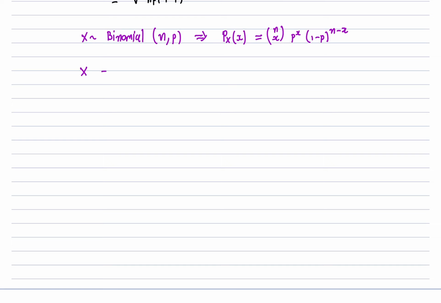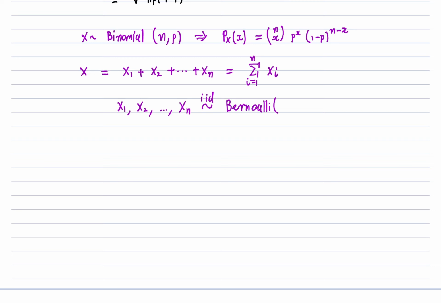We can write x as the sum of several random variables, x1 plus x2 plus ... plus xn, or in shorthand form, the sum from i equals 1 to n of xi, where x1, x2, ..., xn are all independently and identically distributed with a Bernoulli distribution.